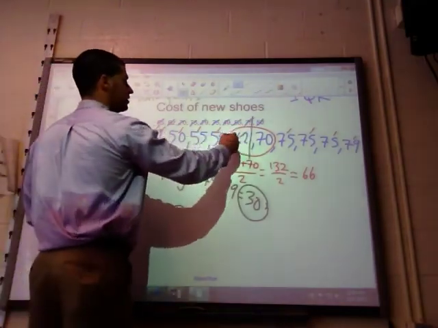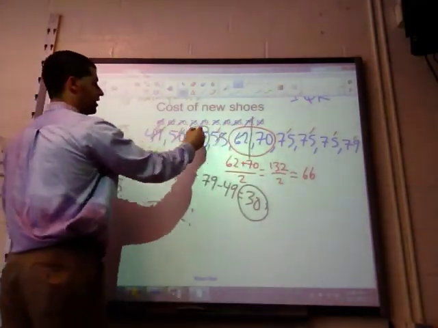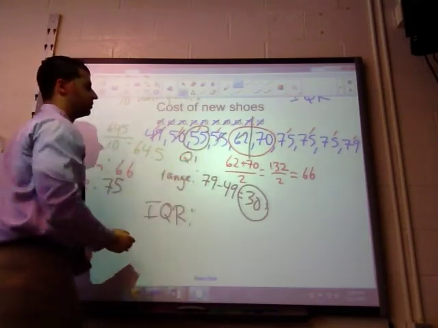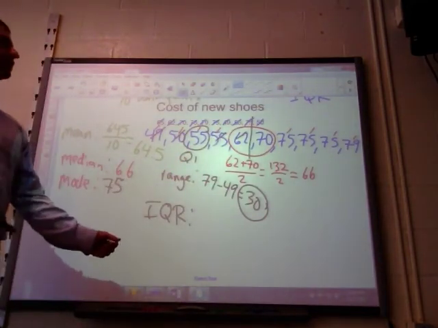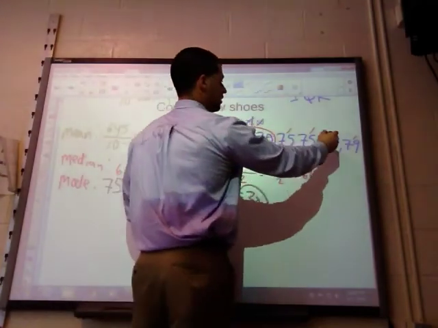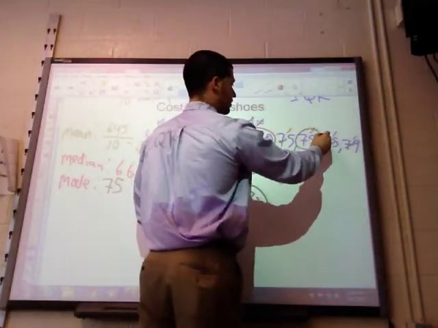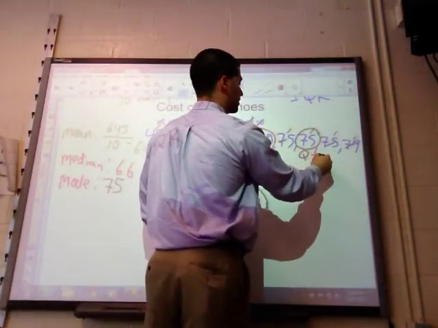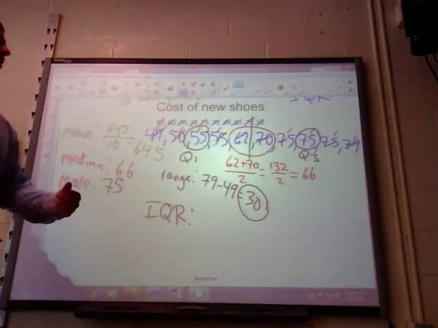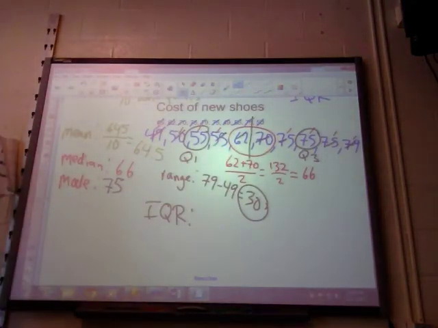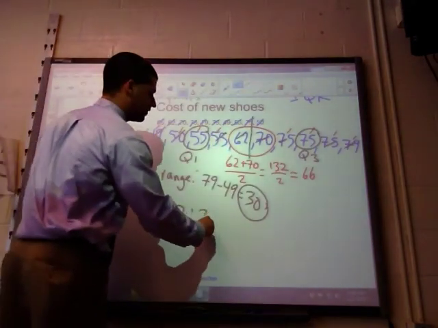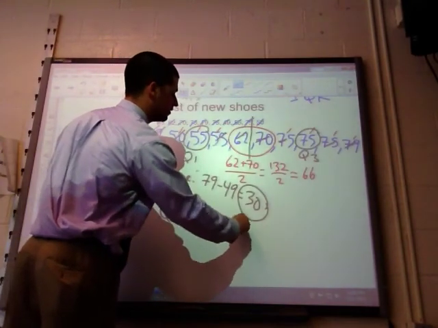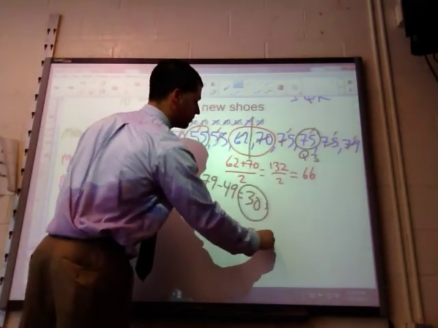So the median down here is 55, so we're going to call that quartile 1. The median in the lower half is quartile 1. And we'll do the same for the top half. And this 75 is quartile 3, the median of the upper half of the data. So our interquartile range is 75 minus 55, or 20.